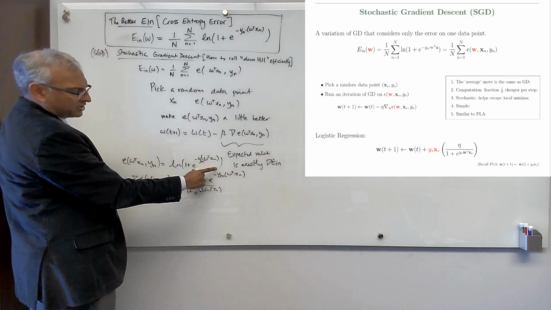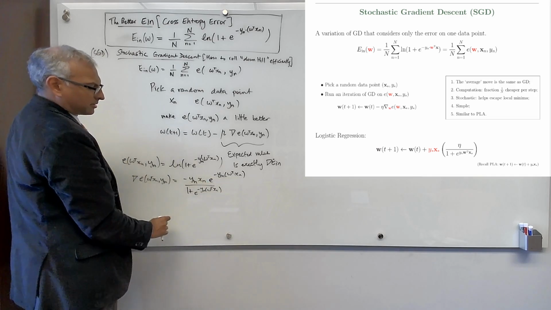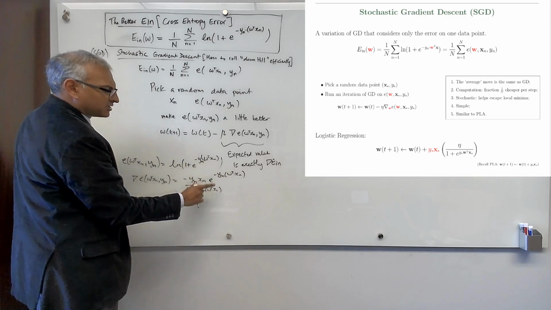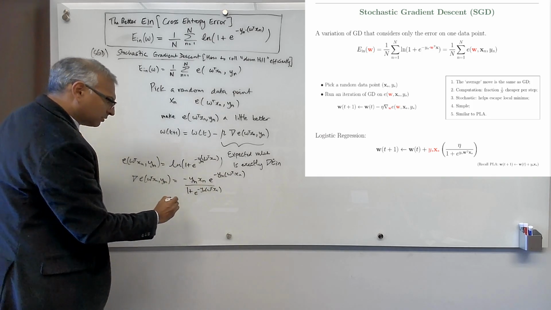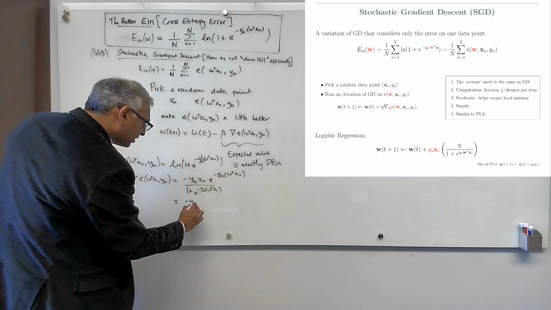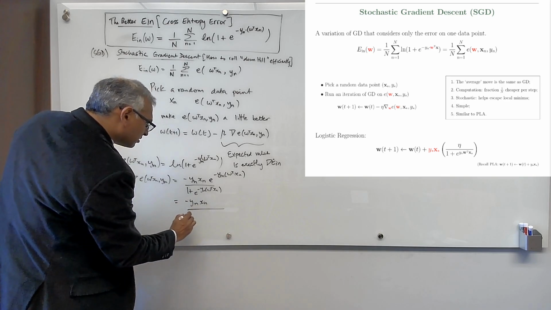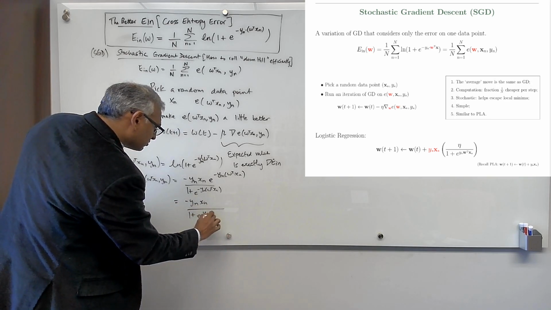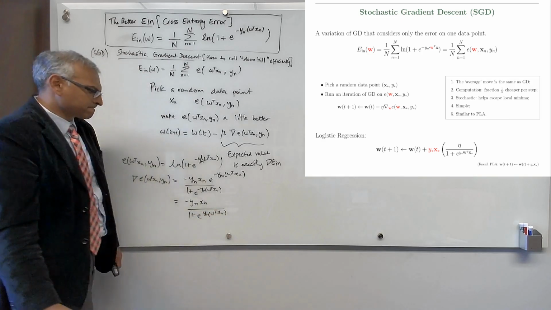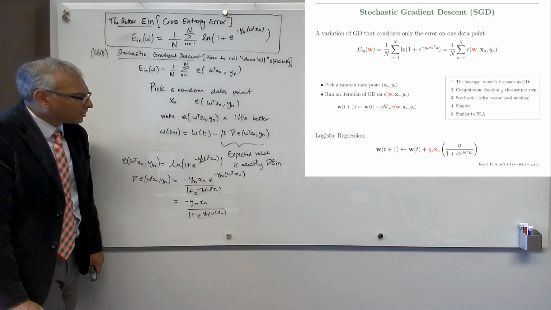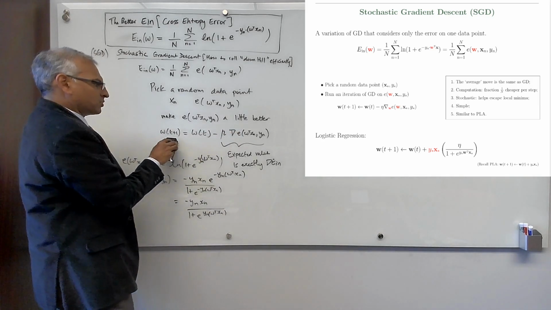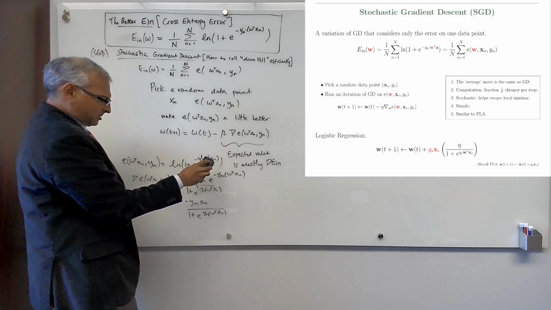So the derivative of this guy is this times that, and then 1 times 1 over this guy, so that's the chain rule. But this is exactly equal to minus Yn Xn over 1 plus e to the Yn W transpose Xn.